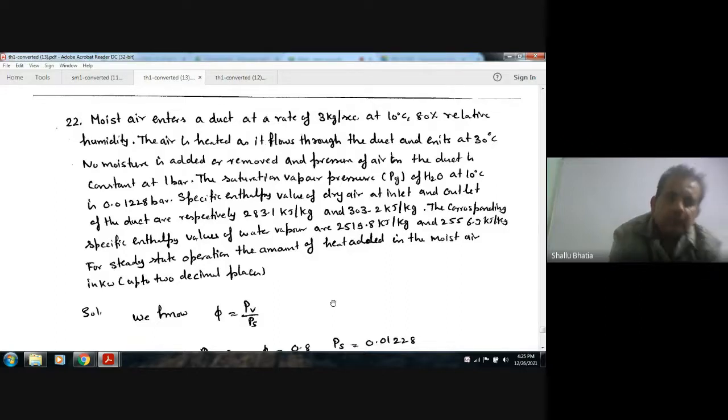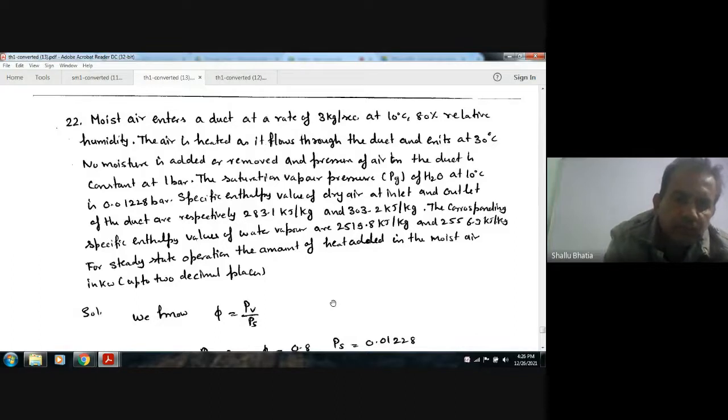The saturation vapor pressure Pg of H2O is 0.01228 bar. Specific enthalpy values of dry air at inlet and outlet of the duct are respectively 283.1 kilojoules per kilogram and 303.2 kilojoules per kilogram.